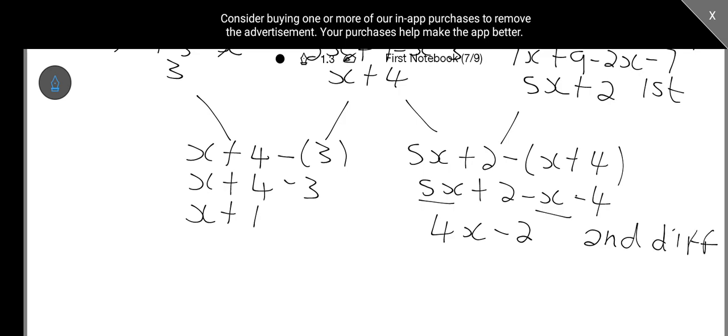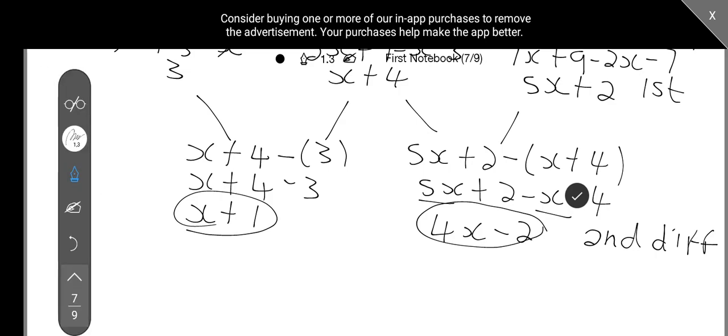Remember that this is a quadratic sequence, and in the introductory video of quadratic sequence, we have said that the second difference of a quadratic sequence is constant. This means that if here we have got a number, the number must be the same as the number that is here. Let's check in the previous slide.